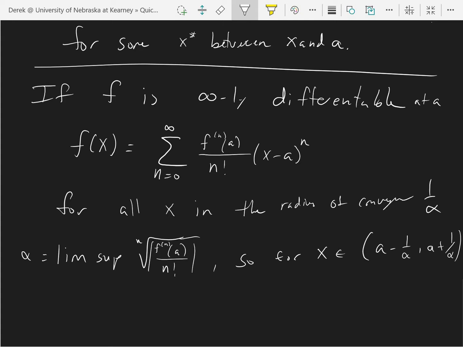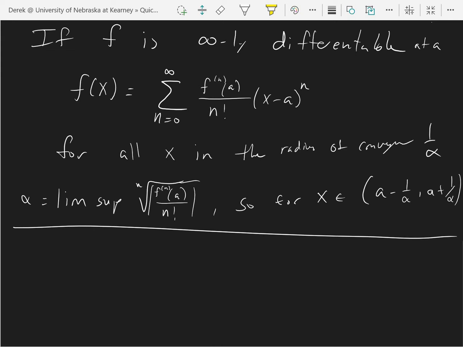And in fact, we've got uniform convergence of these polynomials inside that interval. Okay, so we're going to use this, and we're going to come up with some nice ways to write functions, like the sine function, the cosine function, the exponential function, the logarithmic function, and so on.